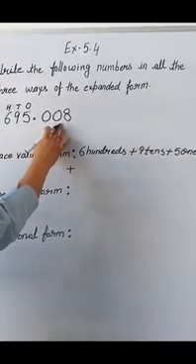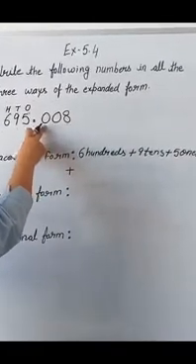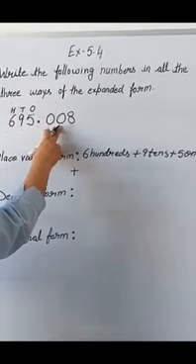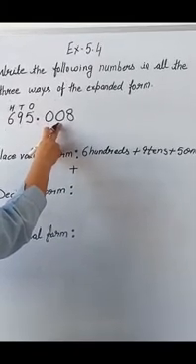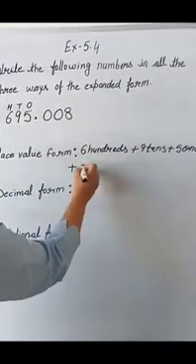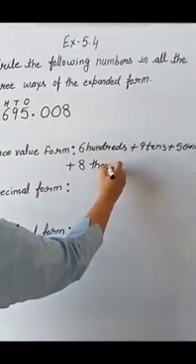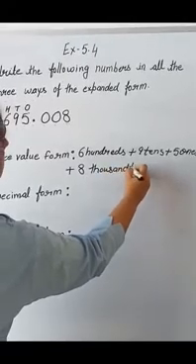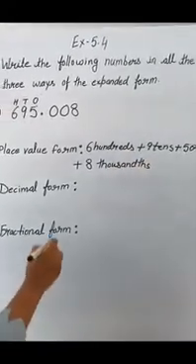Now after the decimal, 0 is on the tenths place, so we will not write it. The hundredths place also has 0, so we will not write it. Now 8 is on the thousandths place, so we will write 8 thousandths. So this is the place value form.